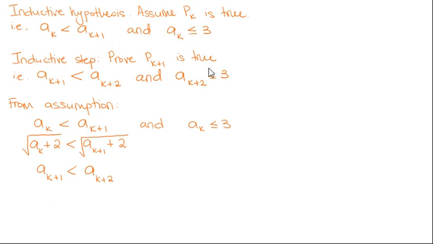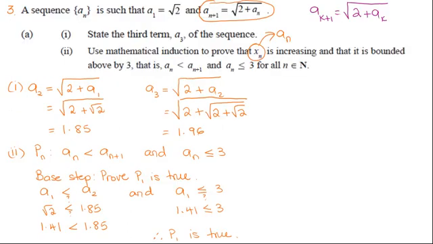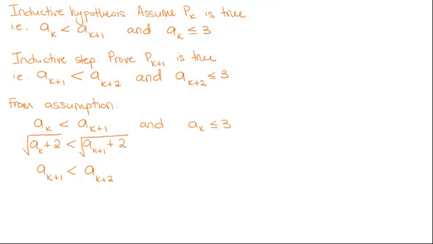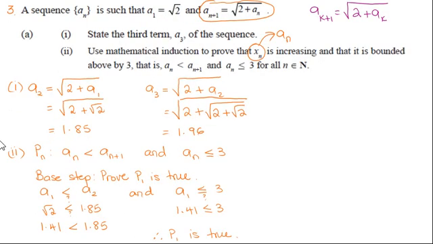For this piece now, similarly, I think I have an error. My AN should have been replaced with AK plus 1, not K plus 2. Because wherever there was an N in my statement, I replaced it with K plus 1.